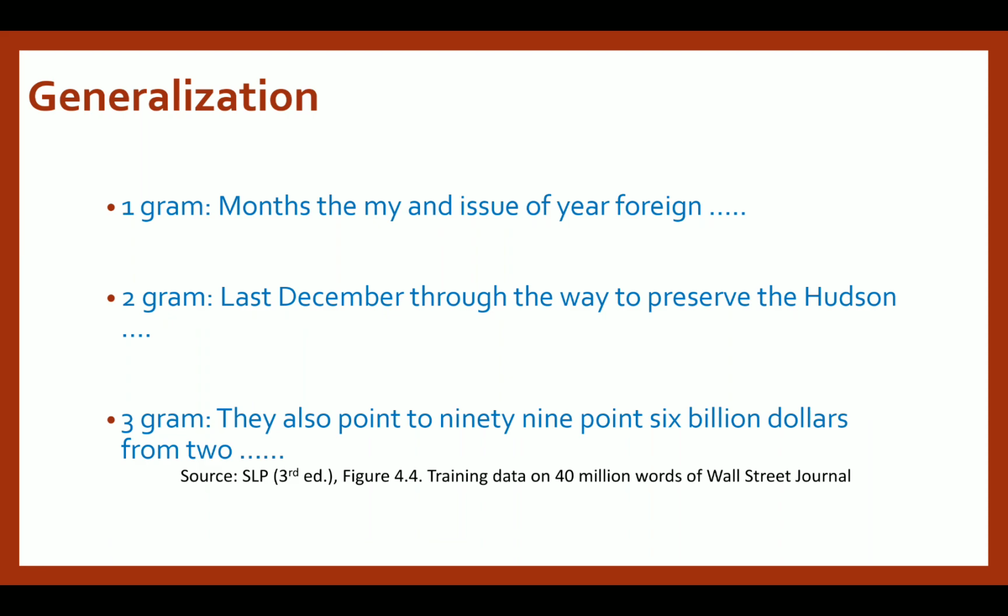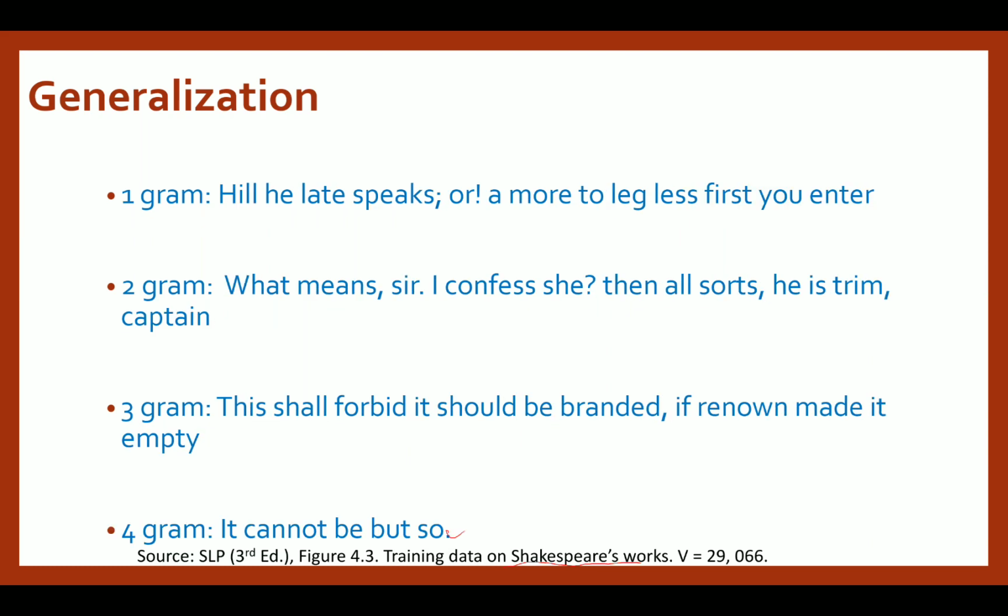You can also see that there is another model, but this time it is generated using the Wall Street Journal, and you can see that the kind of sentences or the words appearing in each of these cases are completely different.